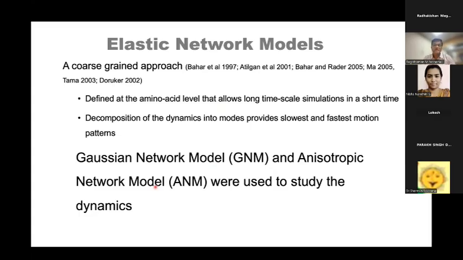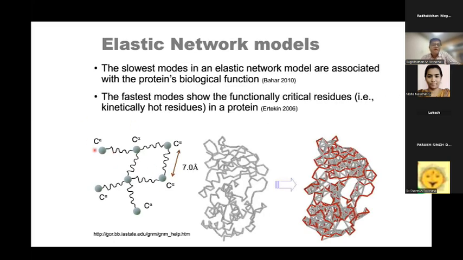Both are required to see the coarse grained dynamics. I'll quickly go to the example and show you. Okay. Let us say you have a protein where you only take the alpha carbons and then you connect any two alpha carbons that are within a range of, let us say, 7 angstroms.